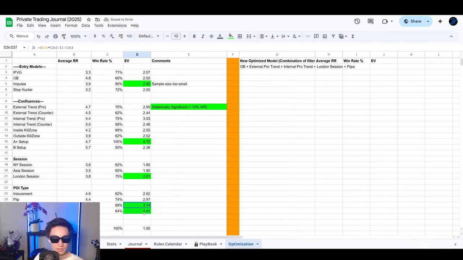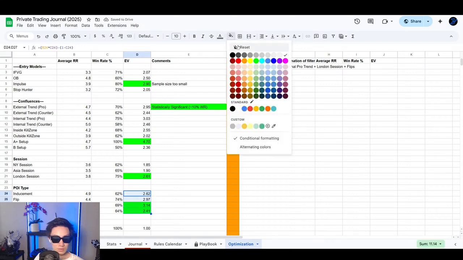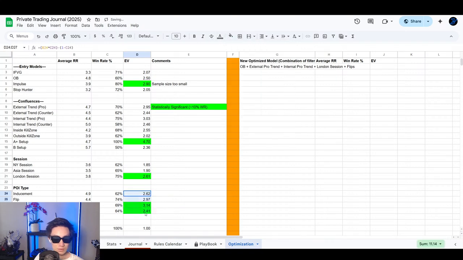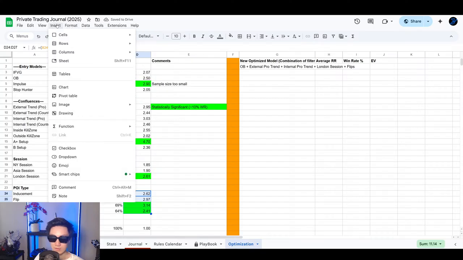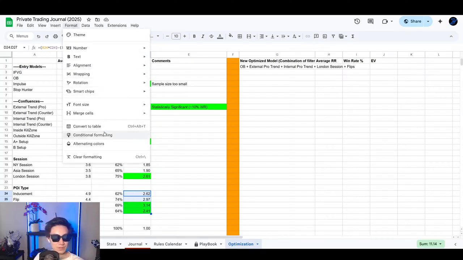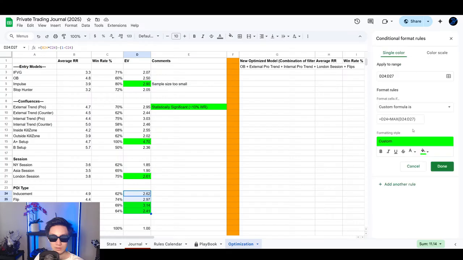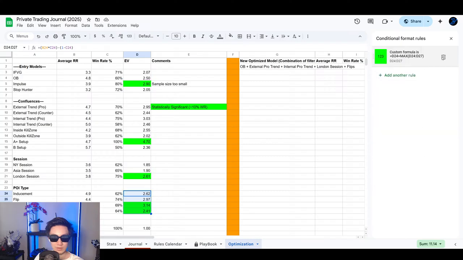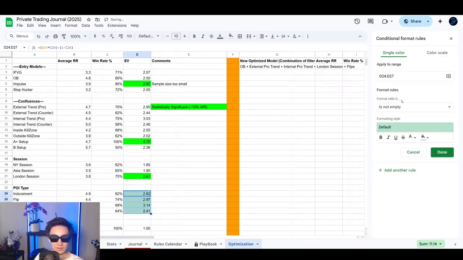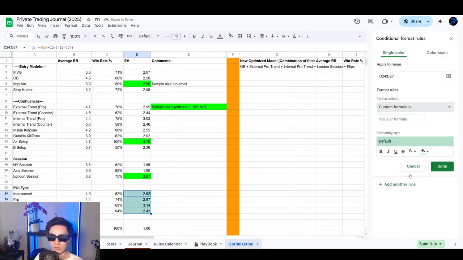Why did I highlight two? Oh, it's because I had one. Let me reset. Whoa, no. It's highlighting two of them. Let's check this out. It should only highlight one. That was the only rule there too. Okay, let's try it again.